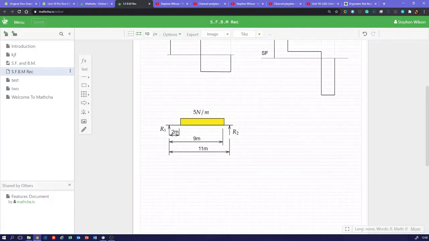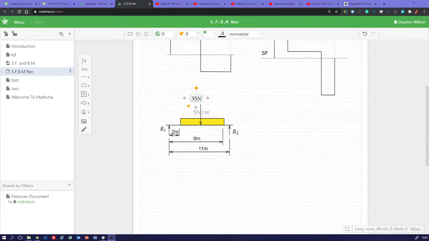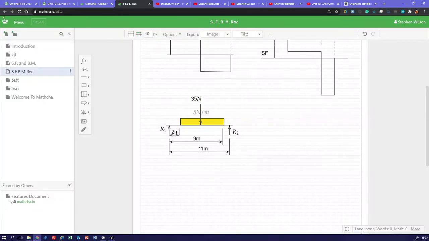So it's 7 meters long, 5 newtons per meter, 5 times 7 is 35 newtons. So let's make a point load of 35 newtons. Okay, so there we have our 35 Newton point load, I've grayed out the 5 newtons per meter there, and I've placed that point load in the middle of the UDL.